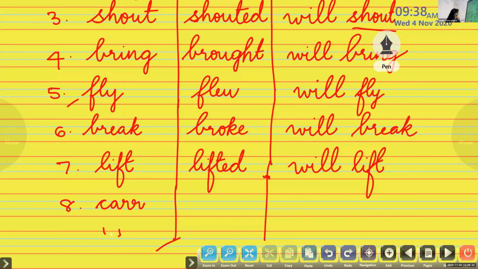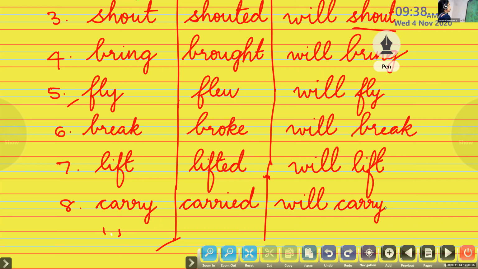Children, if you're not able to finish it now, it will be sent on WhatsApp too. I'll send it to WhatsApp. Carry, carried. The past tense form of carry is carried. And the future tense form of carry is will carry.